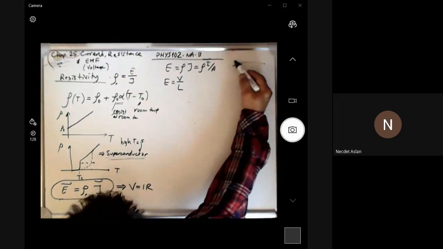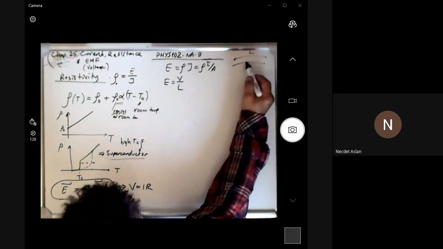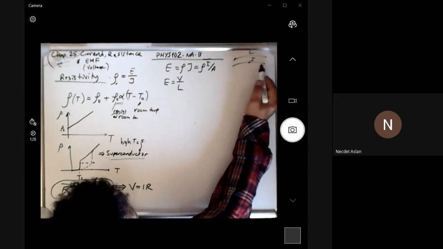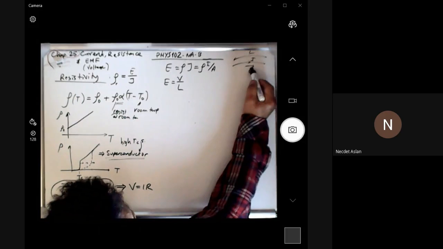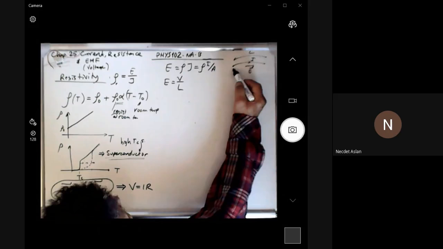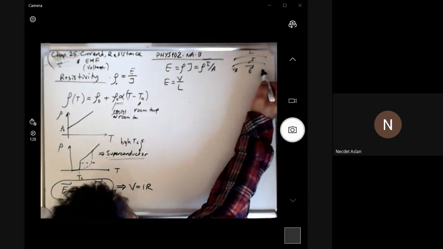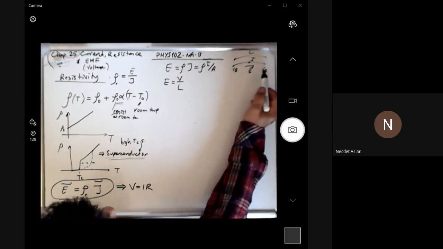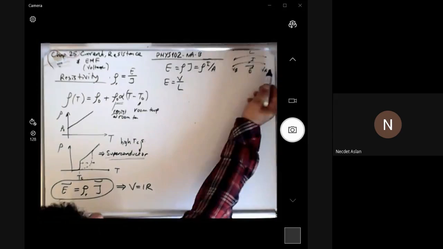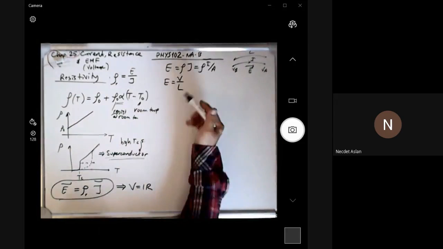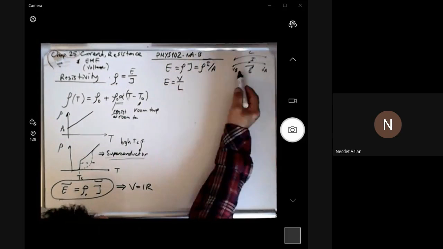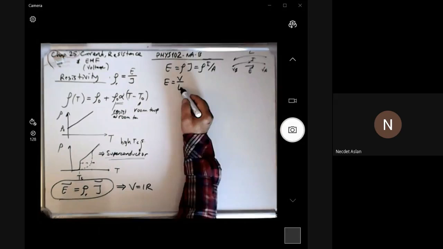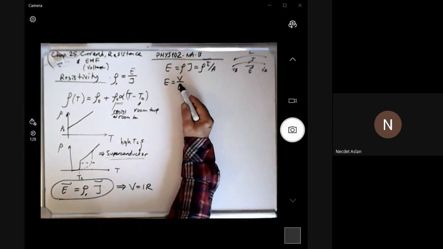Suppose the length is L of this wire, the current is moving through the wire, and of course the electric field is in this direction, and we have the potential difference VB and VA. VB is greater than VA, by the way, because the current is moving this way. So the potential difference, or just V, is VB minus VA, divided by L, giving you the electric field.